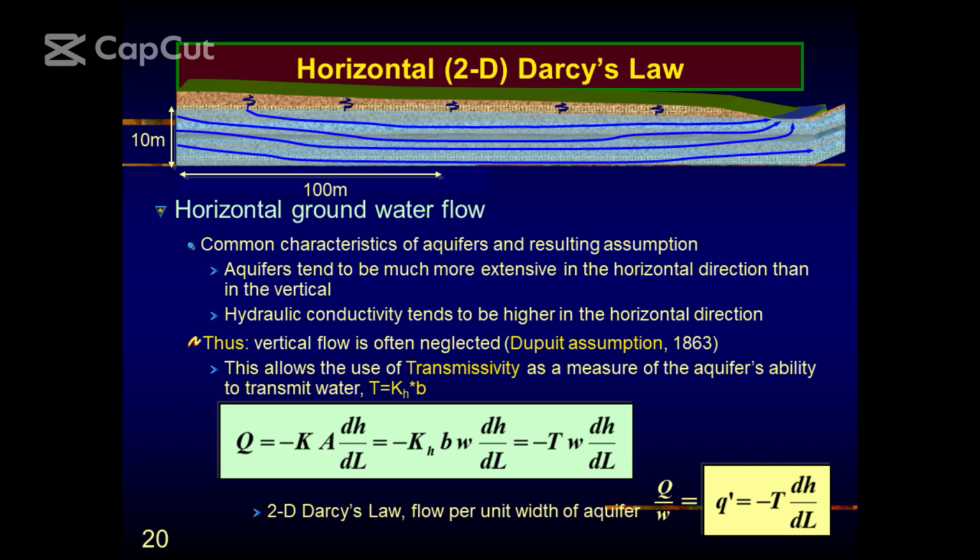In that case, we could have some vertical flow, some velocity in the vertical direction. But when the thickness is not comparable with the length, then the flow becomes largely horizontal. Are you following?